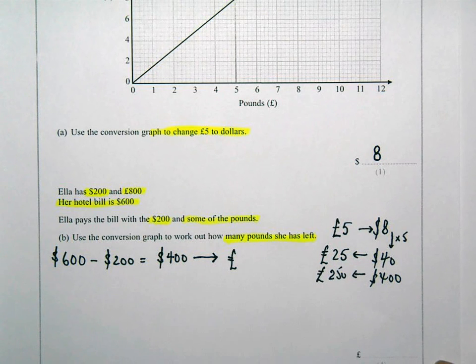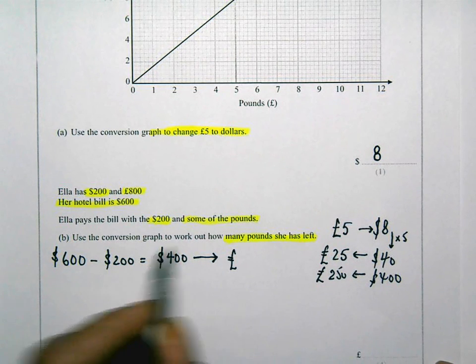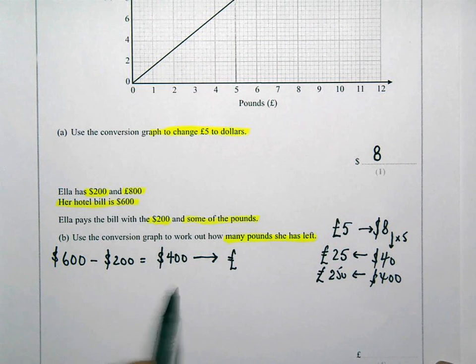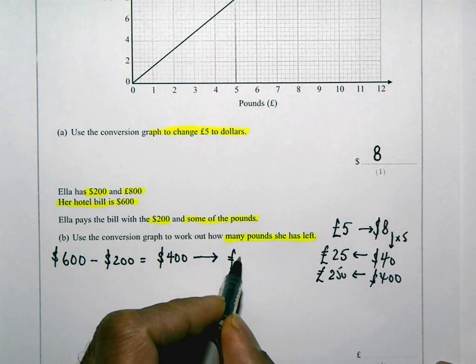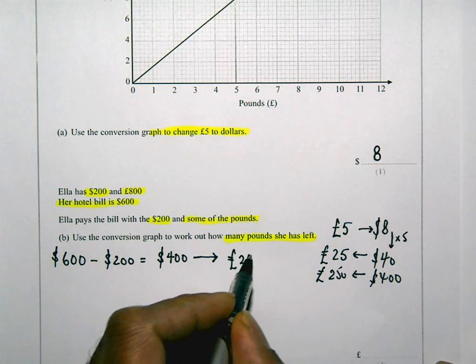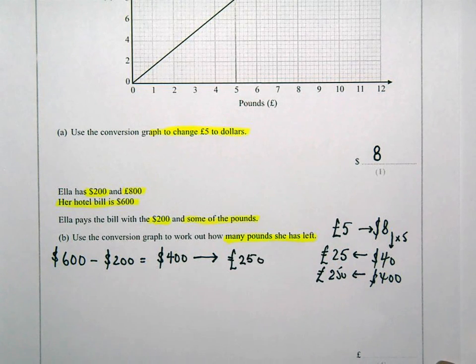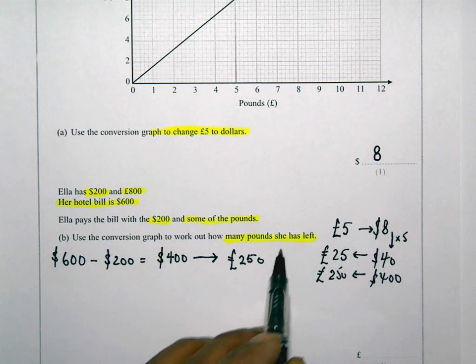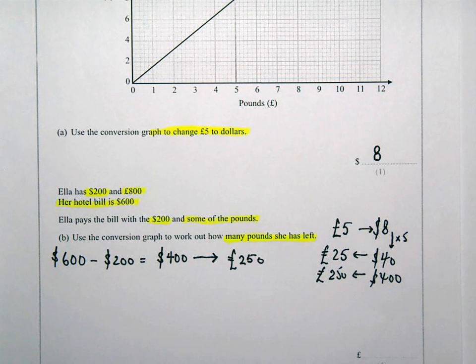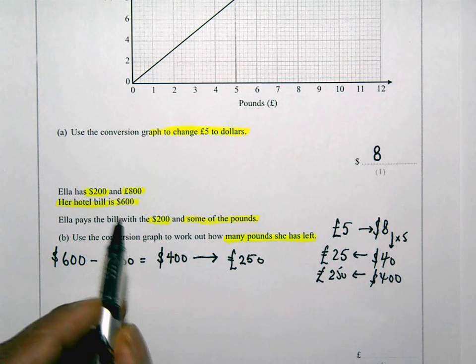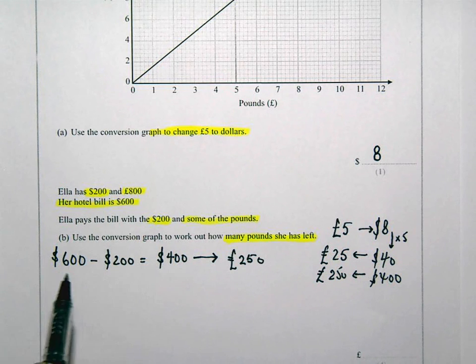Right, so Ella owes the hotel $400, so that means she could pay that off with £250. But remember, the question said how many pounds has she got left? So she paid off the $200 with the $200 that she had.